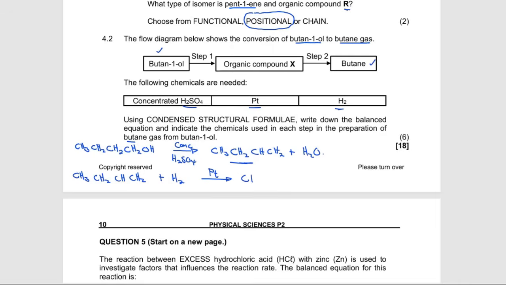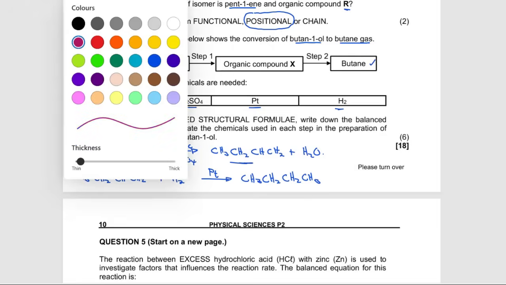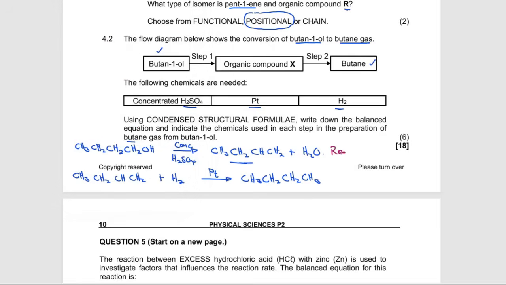Then we're going to have CH3, CH2, CH2, CH3, which is butane. So at the top we have reaction number one, or step number one, and at the bottom we have reaction number two. So these are the answers that we're having there.